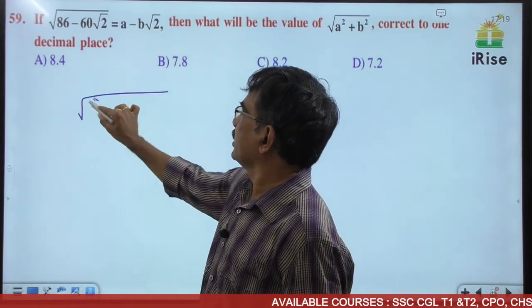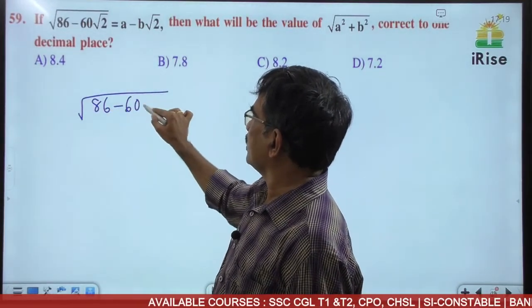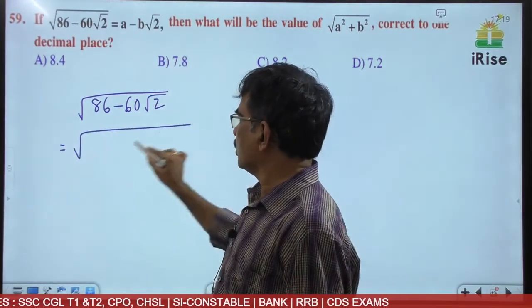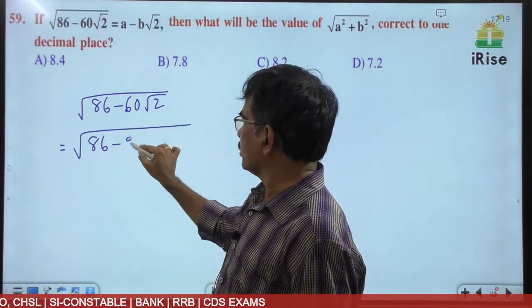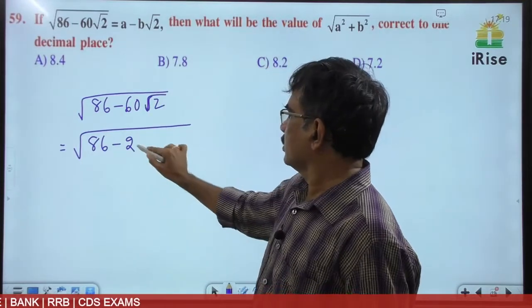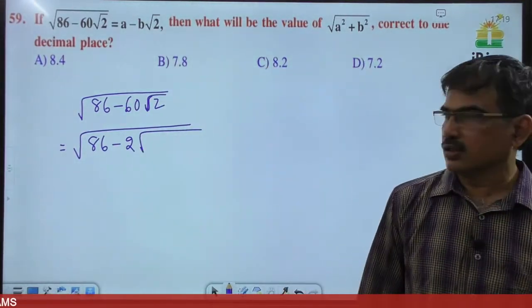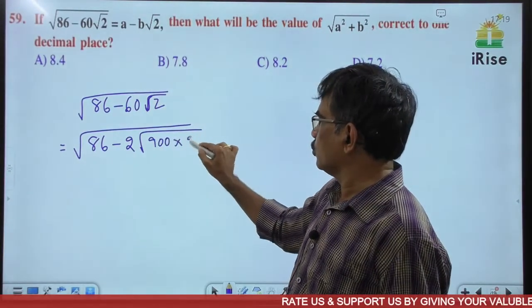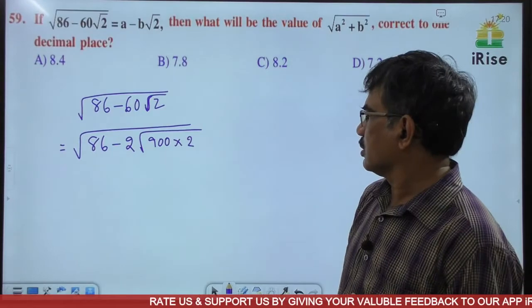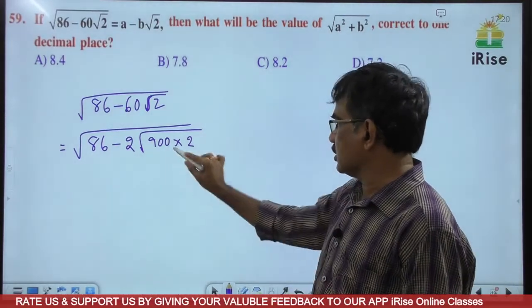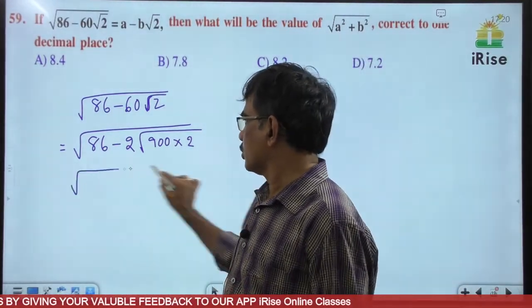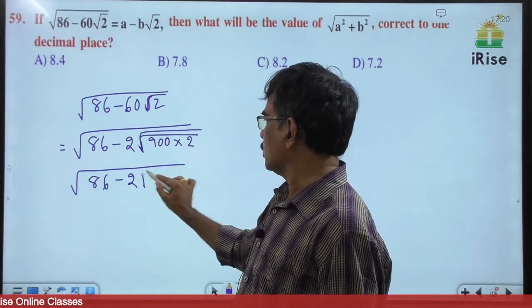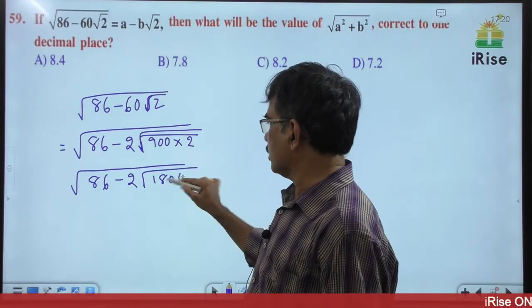Root of 86 minus 60 root 2 is equal to root of 86 minus 2 root of 900 into 2, okay, so this is 1800. Root of 86 minus 2 root 1800.